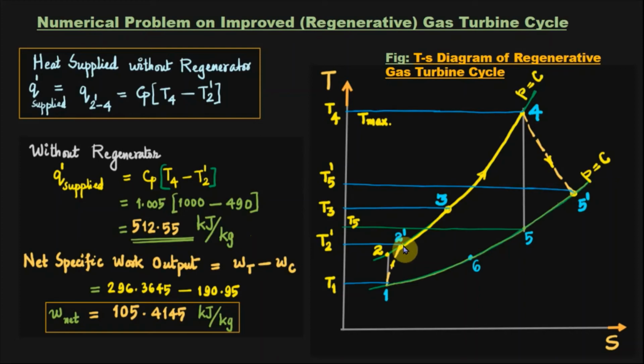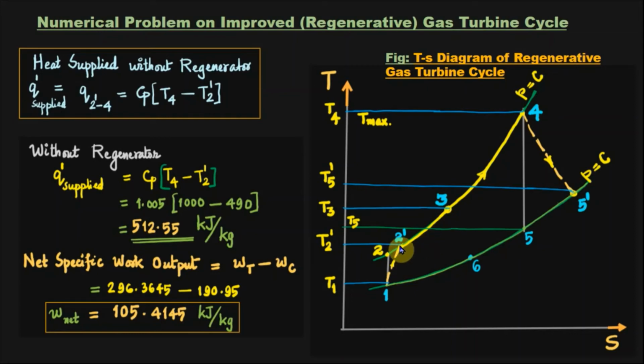Had there been no regenerator present, then the temperature of air entering the combustion chamber would have been T2 dash. So if you avoid the regenerator process in between, this 2 dash to 3 will not be there, and that will form part of the combustion chamber heat addition.